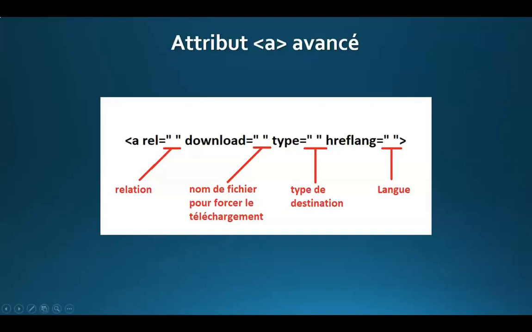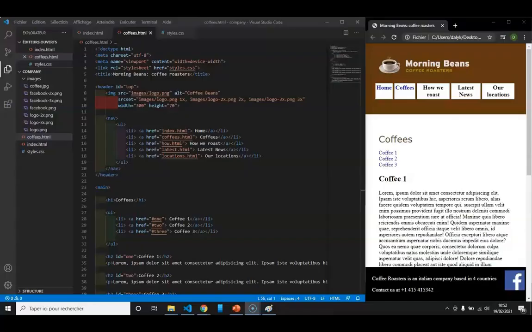Then we have the download attribute, which takes the file name as its value to force the download. We will also do this in a concrete example. Then we have the type attribute, which takes the destination type as its value, and finally the hreflang attribute, which takes the language as its value. So let's see it in a concrete example.